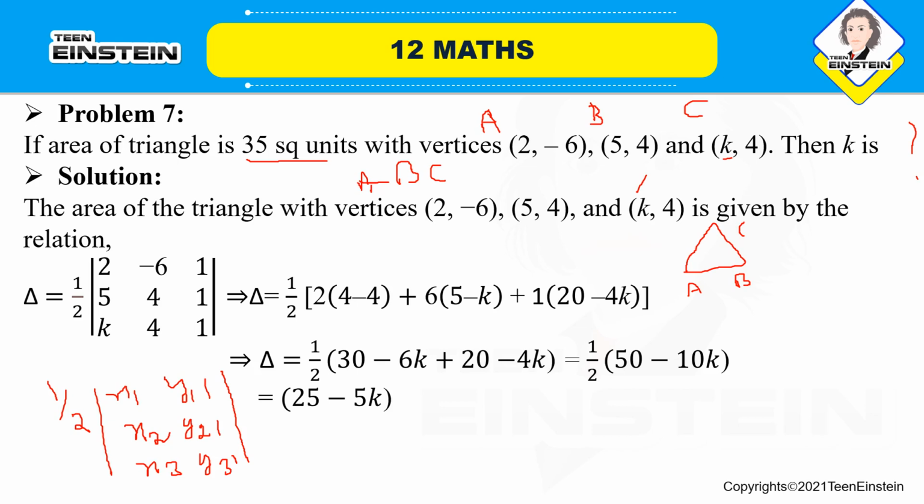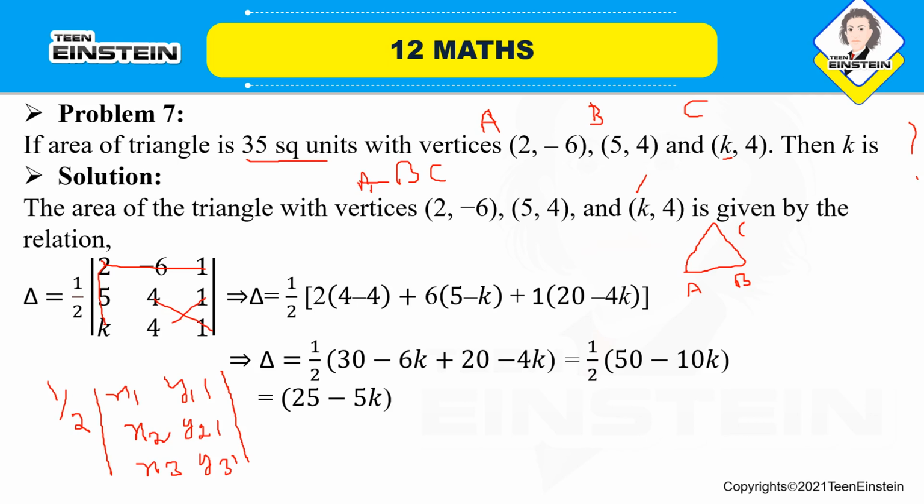Okay. Now expand the determinant, so half into, we are expanding along the first row. In 1 position we have the element 2, so if you delete the row and the column having the element 2, then you will be getting a 2 by 2 matrix 4 1 4 1. In the downward arrow this is 4 minus, in the upward arrow this is 4. Then already we have minus 6 here in 1 2 position. In the formula also you will be getting minus, so it becomes plus.